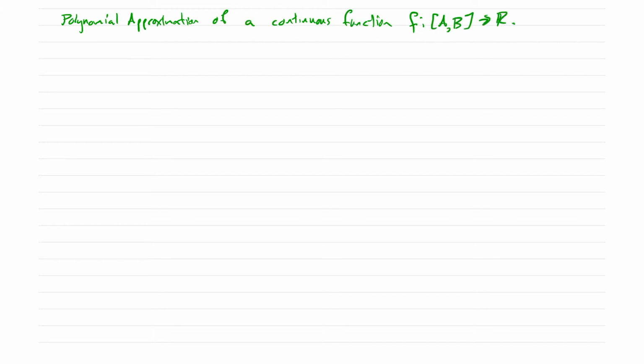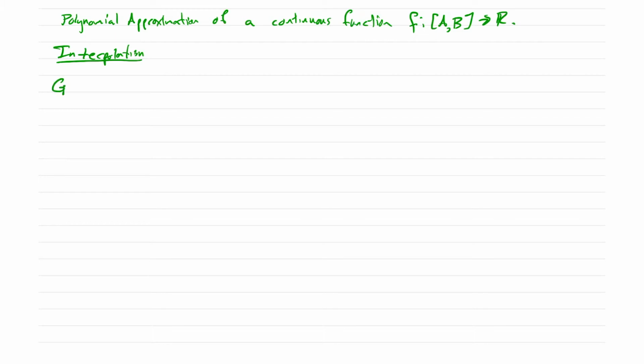Again, we're doing a polynomial approximation of a continuous function, usually continuously differentiable, say a function over an interval [a, b] to R. Here we're approaching it through interpolation, and it's going to be the first of several lectures on interpolation. So let's talk about the problem.